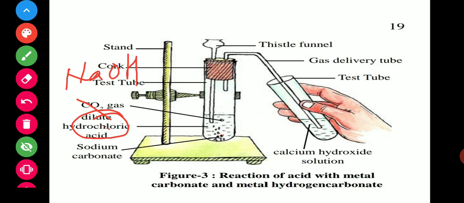So in this reaction, gas is evolved, and this gas is also hydrogen gas. But in this reaction, we want to show the sodium carbonate. We can take sodium carbonate or sodium bicarbonate in this. So that is the formation of carbon dioxide. How can carbon dioxide form? It shows in the figure.